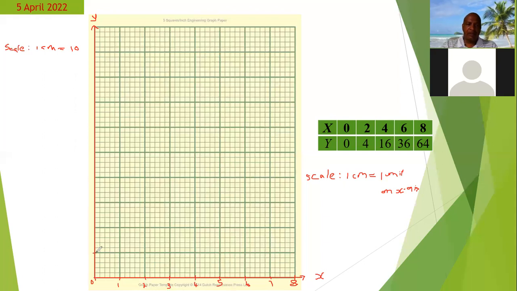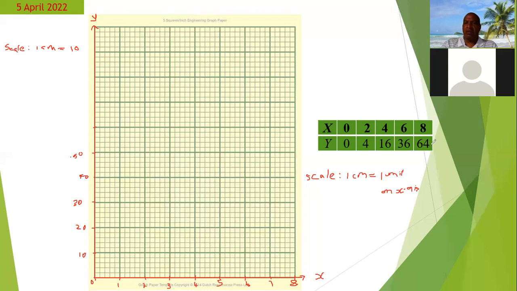So our first would be 10, next 20, then 30, 40, 50, then 60.